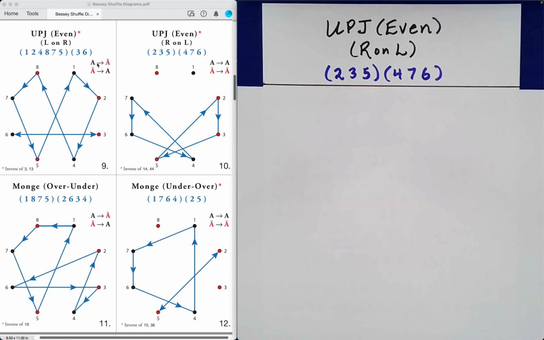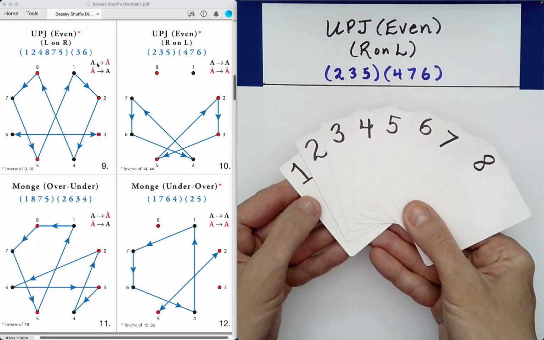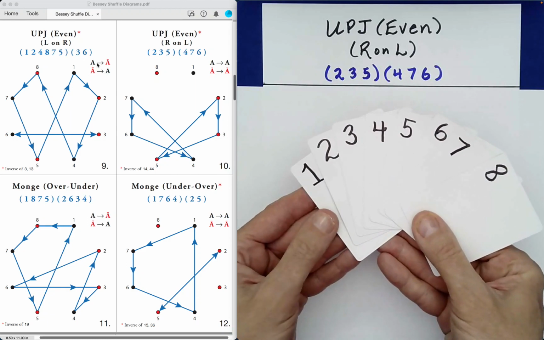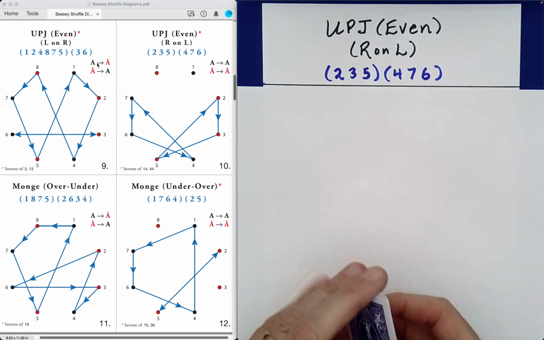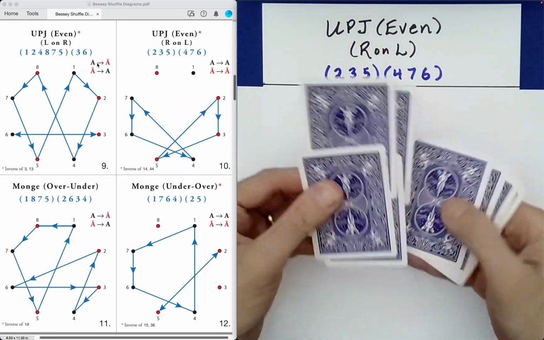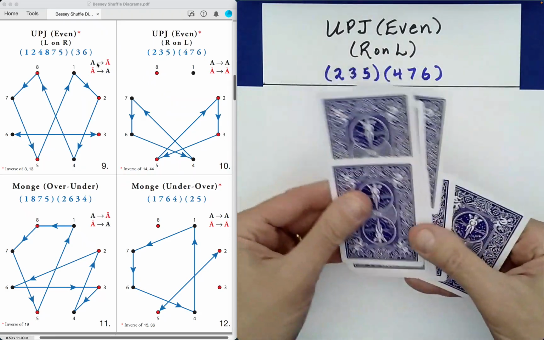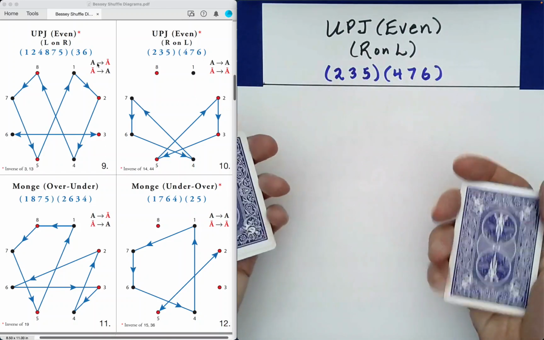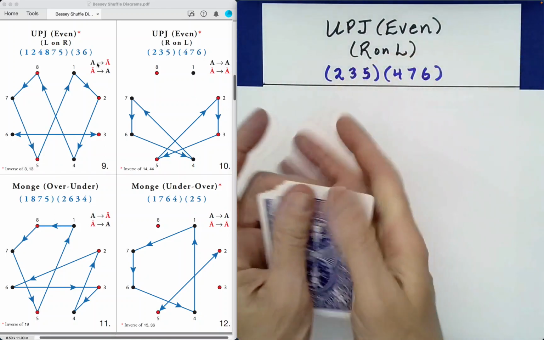Now, Shuffle 10 involves an even up jog as well. So if we begin with our original packet of 8 cards that have been clearly numbered so that we can keep track of the individual positions of these cards, performing the even up jog, so that's the same as the last shuffle, Shuffle 9. This time we strip these out, but we stack right on top of the left.